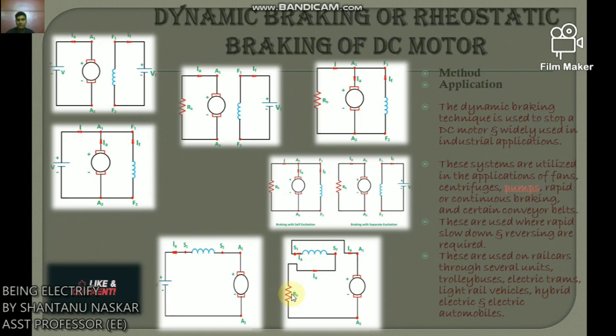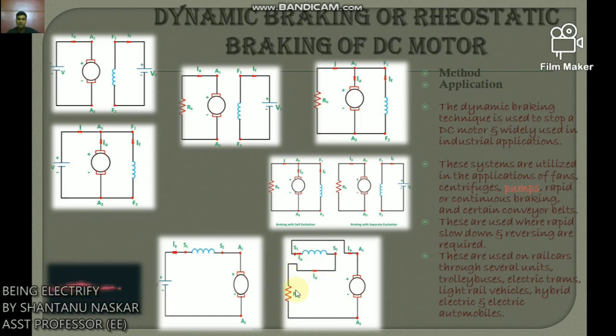So the field connections are reversed so that the current through the field winding flows in the same direction as before, from S1 to S2, so that the back EMF reinforces the residual flux. The machine now starts working as a self-excited DC series generator.